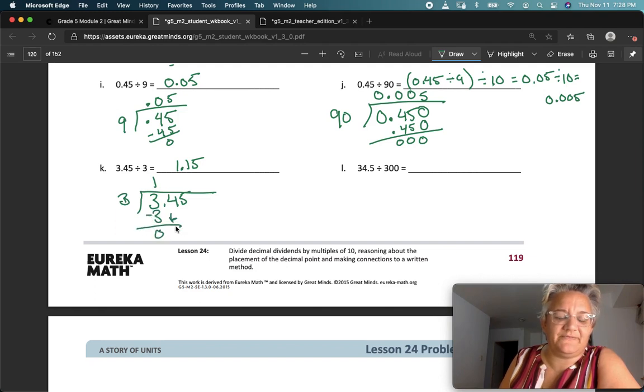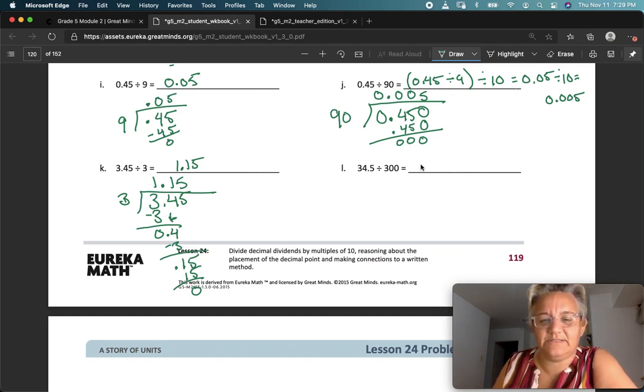There's a 0, bring down the 4. 3 goes into 4 one time. See how my decimals are lining up? Just line them up. 1 times 3 is 3, and then I've got 15, so 5, 15, and 0. Okay?